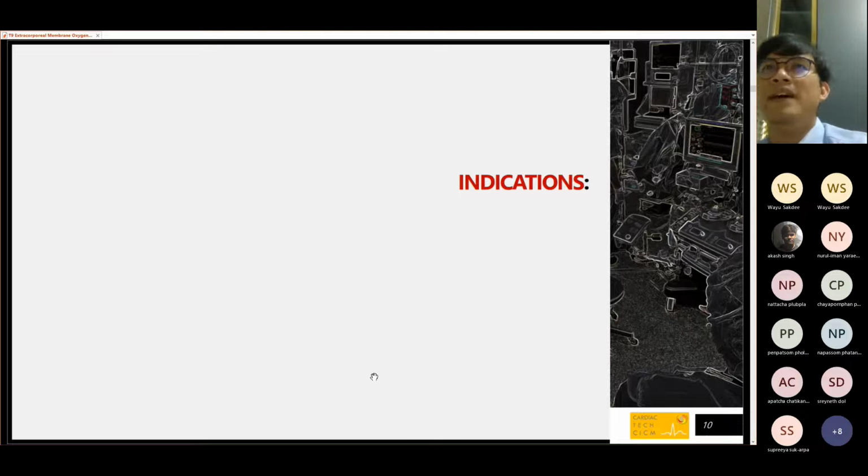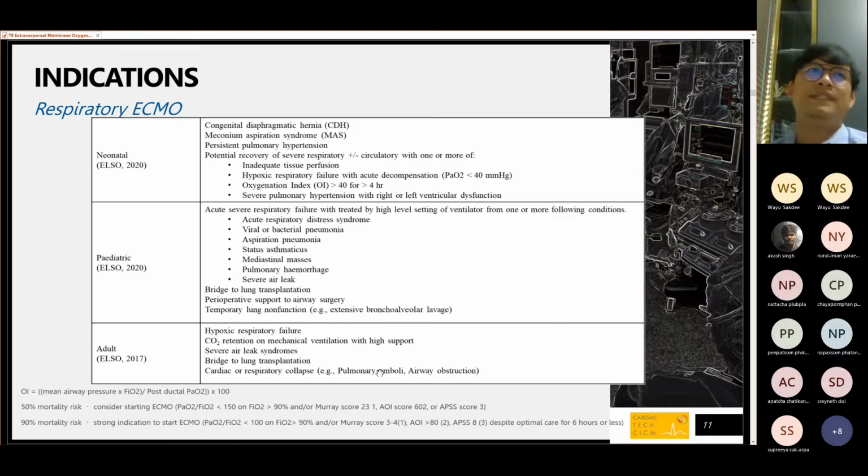Okay, let's talk about indications. All right, we have ECMO that you may know, respiratory and cardiac ECMO. I'm going to start from respiratory ECMO. This is a list of the indications.